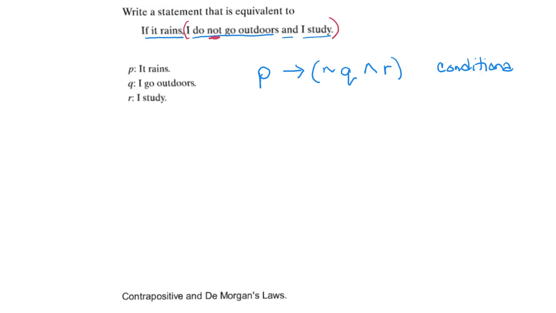All right, so the equivalent statement for a conditional is going to be a contrapositive. We need to create an equivalent statement to this, so we need to change this to a contrapositive.